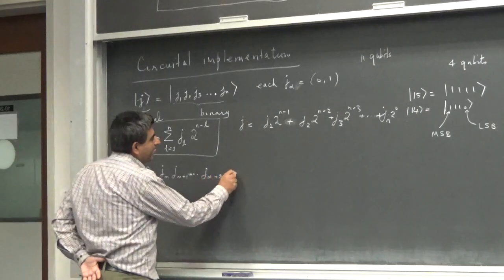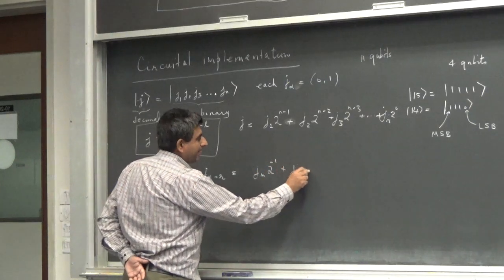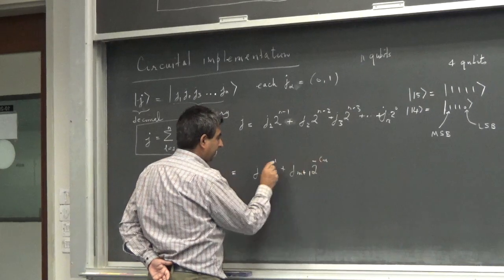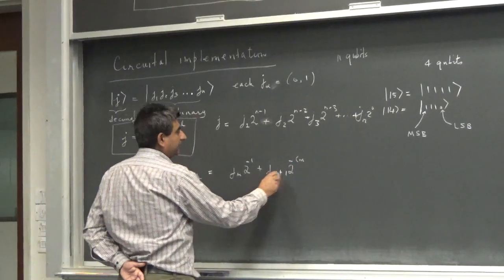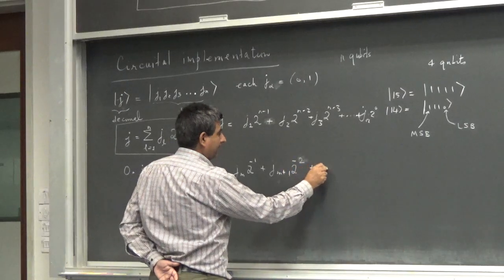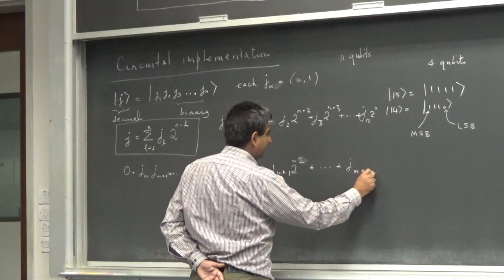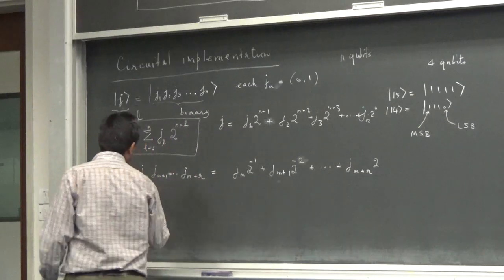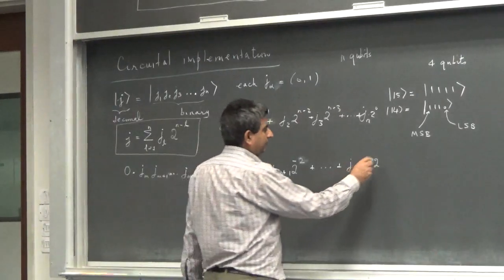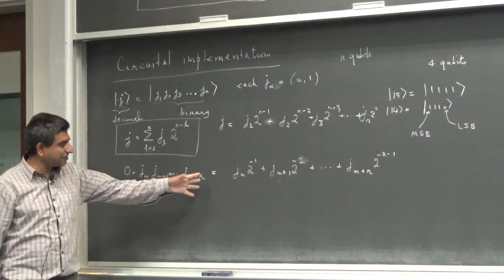This is really equal to jm 2 raised to power minus 1 plus jm plus 1 2 raised to power minus 2 plus jm plus r 2 raised to power minus (r plus 1). So this is what this fractional binary number looks like.